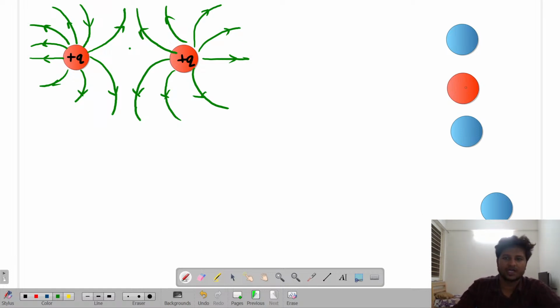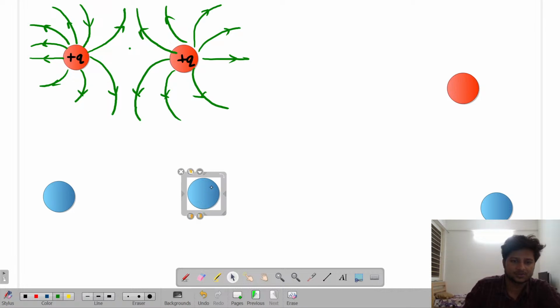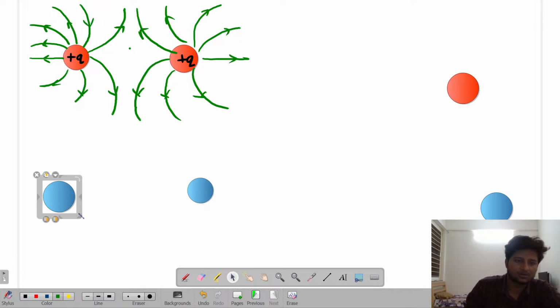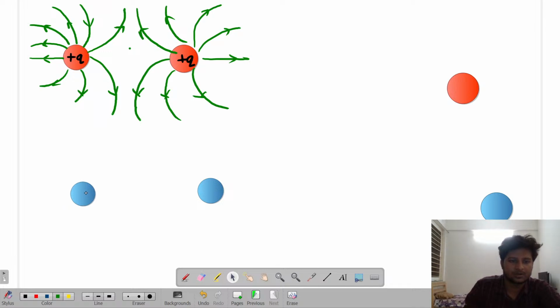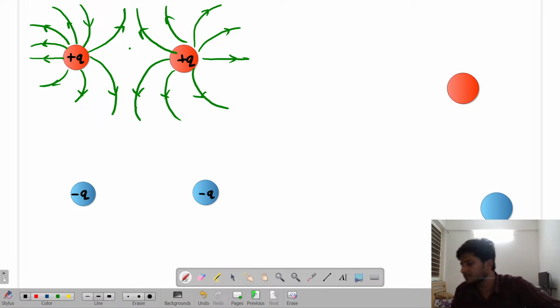Now let us consider what happens if I have a pair of negative charges, similar negative charges. If I have a pair of minus q and minus q, then what will happen? Can you tell me?